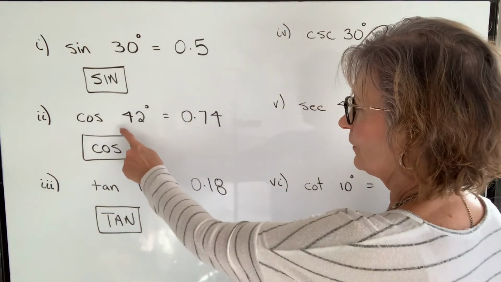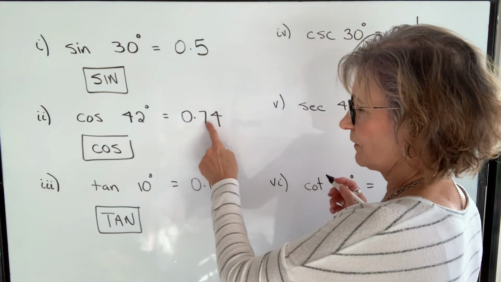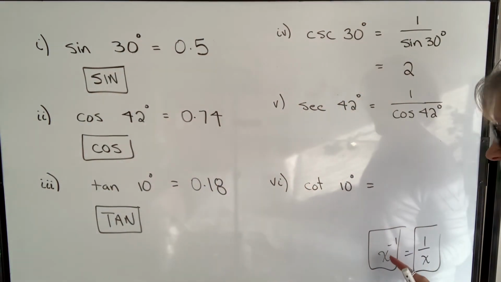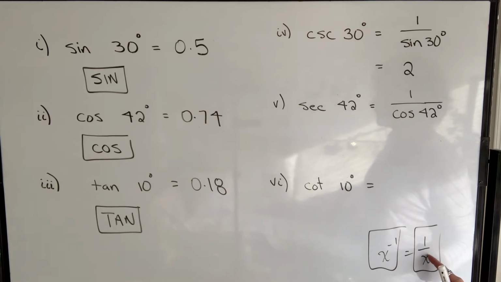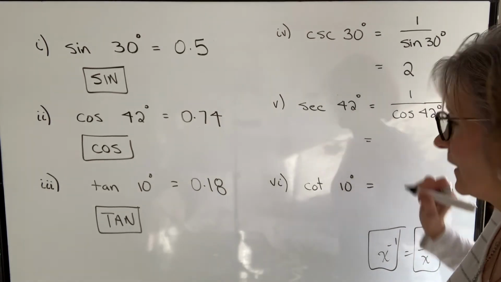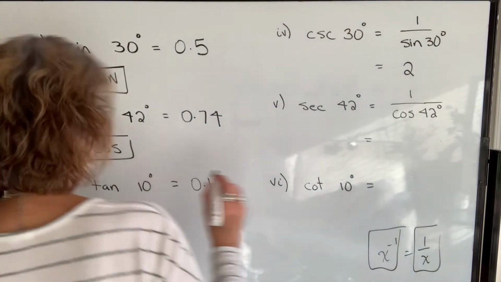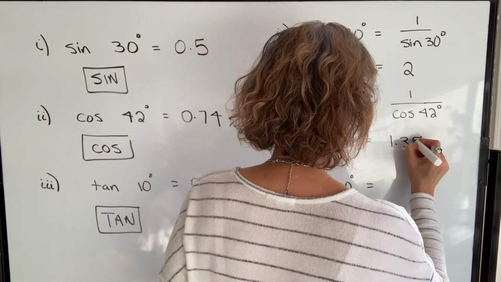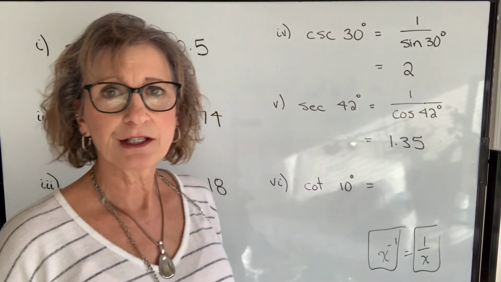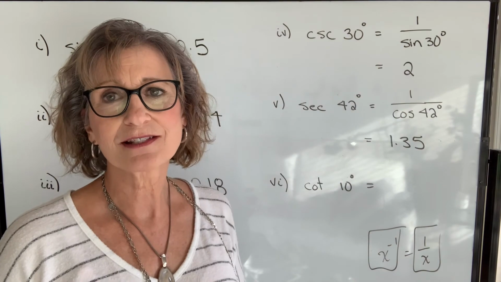So we find the cos of 42 degrees first, which we found already. Then we press our reciprocal key on our calculator. And when you do that, you should get a value of 1.35. So just try it on your calculator and make sure that you're getting the same result that I'm getting.